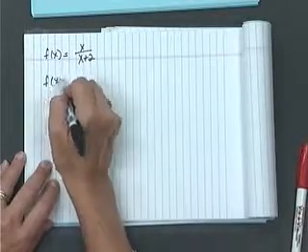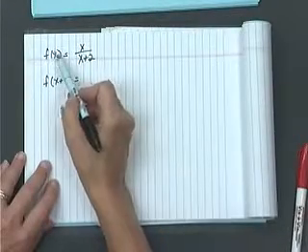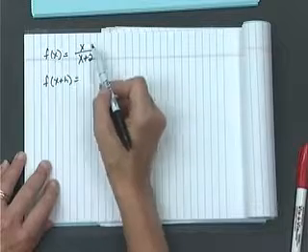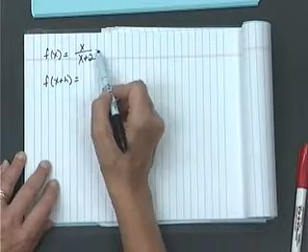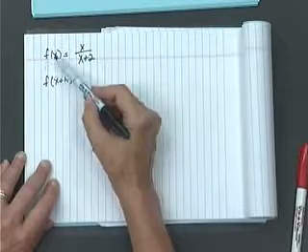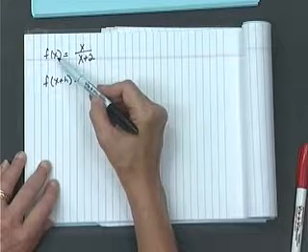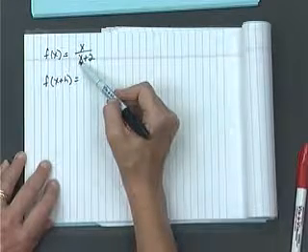Yes, f of x plus h. Remember that f of any element of the domain will be that element divided by that element plus 2. Just like if you were doing f of 5, you'd put a 5 in for x. f of t, you'd put a t in for x.